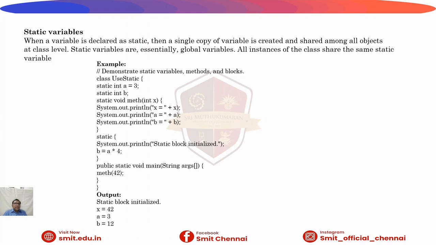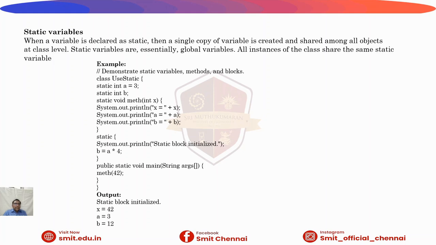First is a, the value is 3, and next we have the static method also. And we have three print statements to print the values of x, a, and b. And we have a static block also, which is given here. Inside the static block, we have the print statement saying that the static block is initialized, and again b is equal to a into 4.